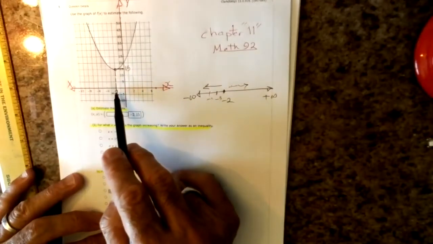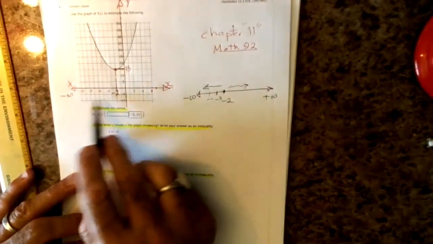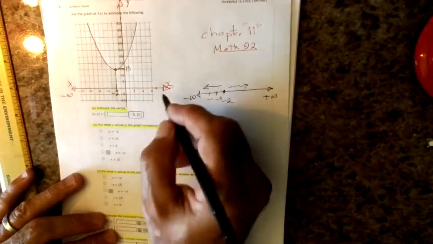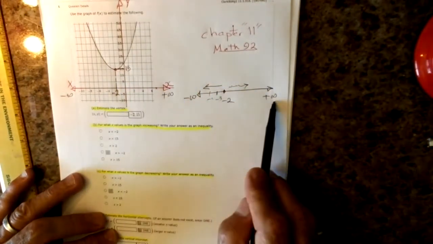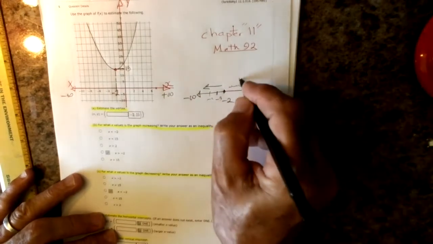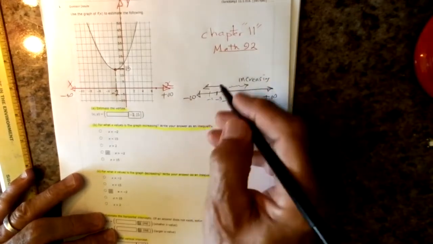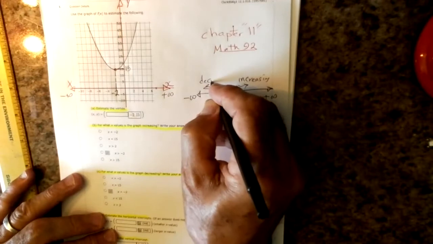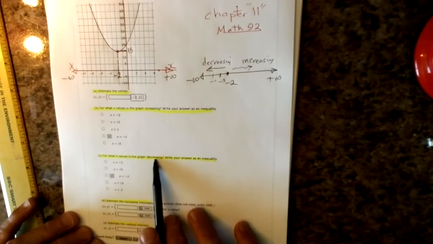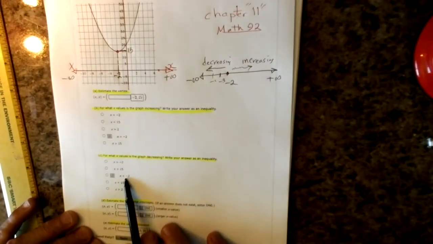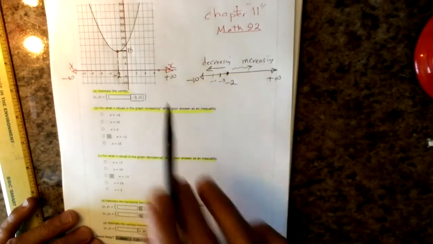So if you go from -2 all the way to -infinity, the function is decreasing. If you go from -2 all the way to +infinity, the function is increasing. Here they're asking you to find the x values where the graph is decreasing: x less than -2. If x is less than -2, you're going toward the negative direction.